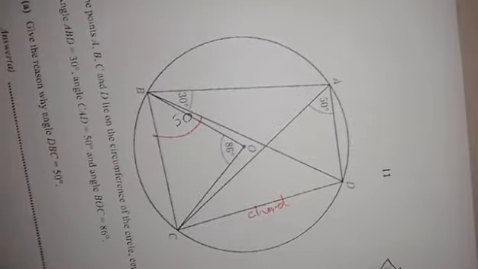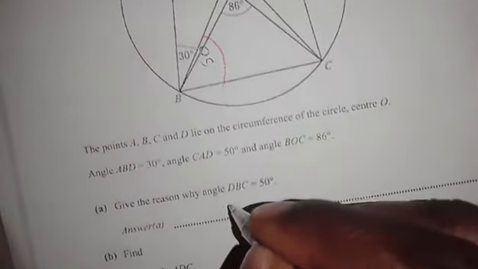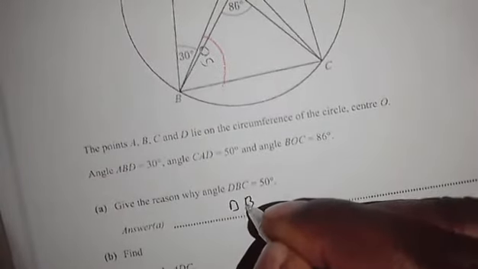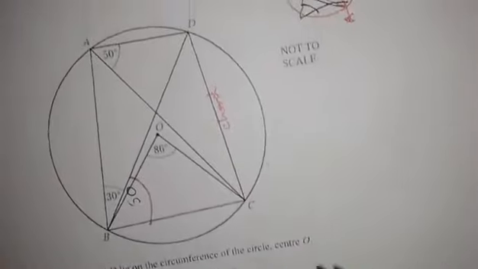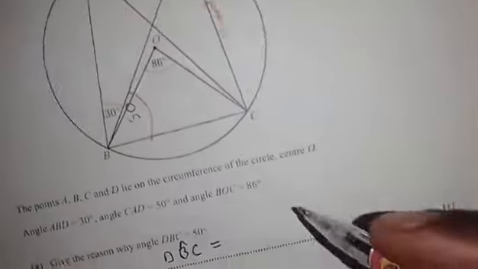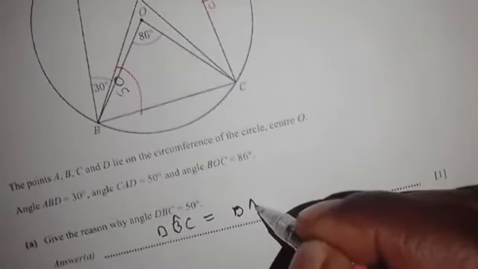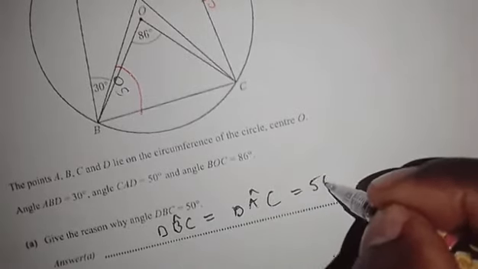So how do you then write down your answer? First you say DBC, what we want to show, is equal to DAC. Because here 50 is equal to DAC, which is close to 50 degrees.